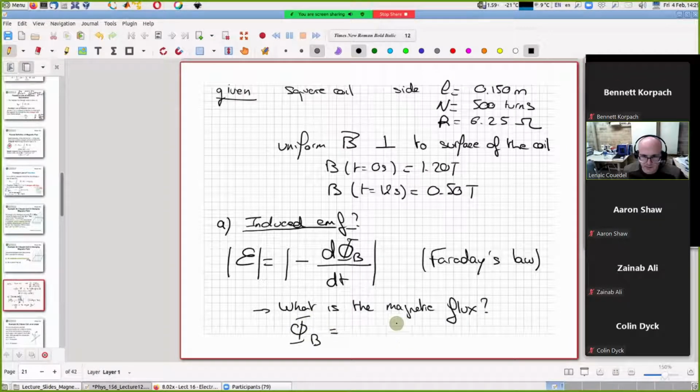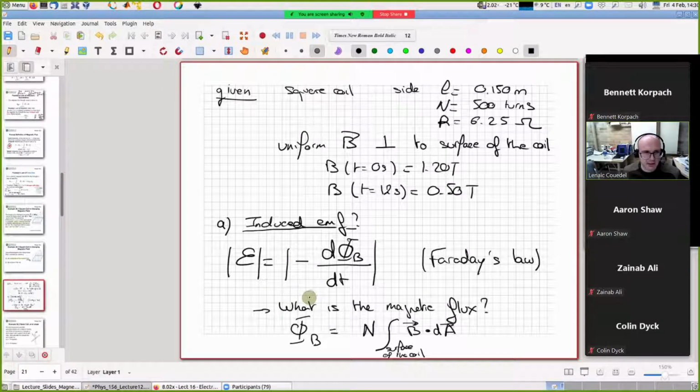So phi B is the integral over the surface of the coil of B dot dA. And we know we have N turns, so we have to multiply by N. Each turn of the coil will contribute to the EMF.